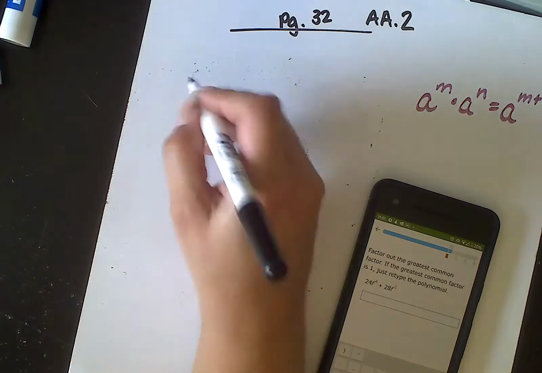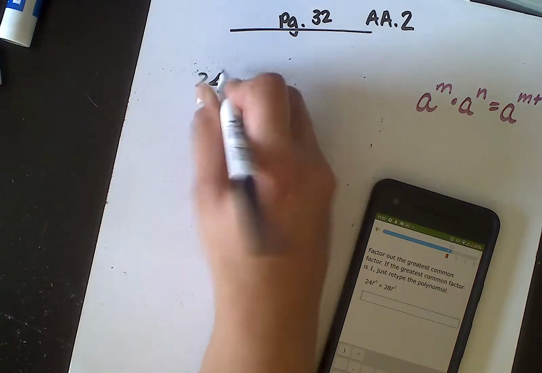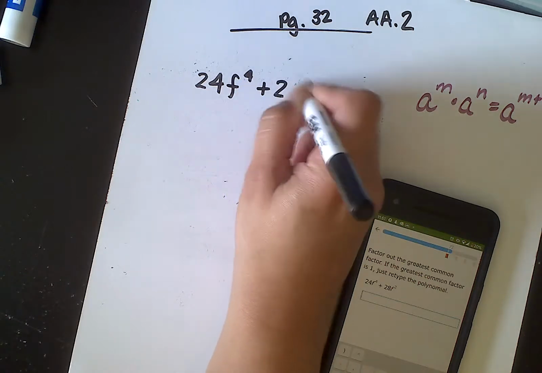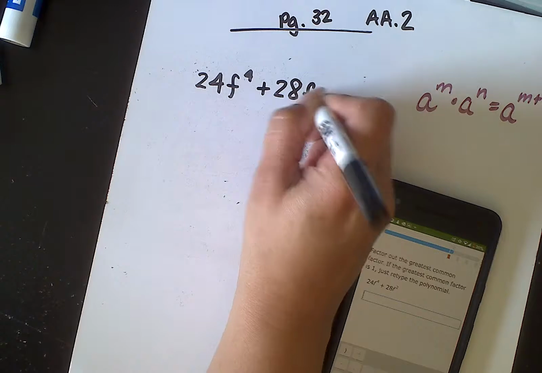And I have 24f to the 4th plus 28f squared.